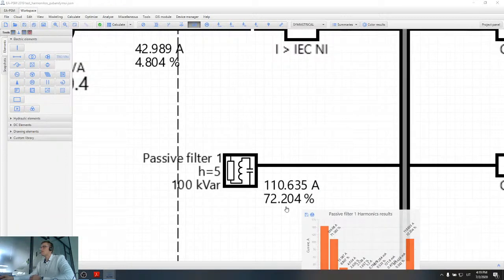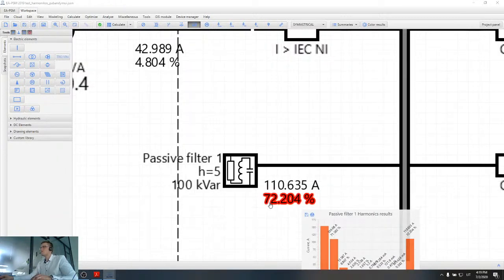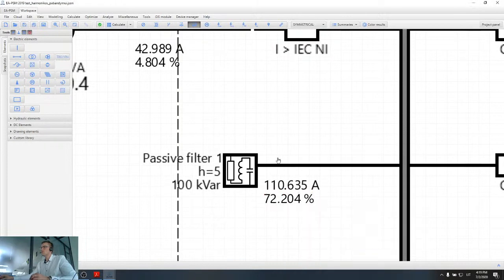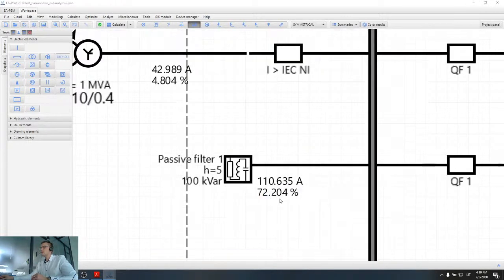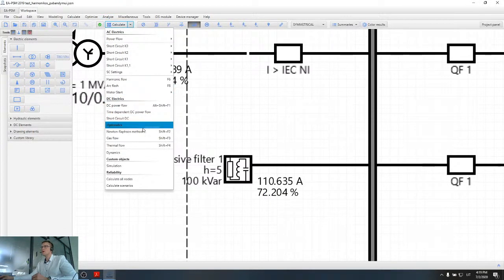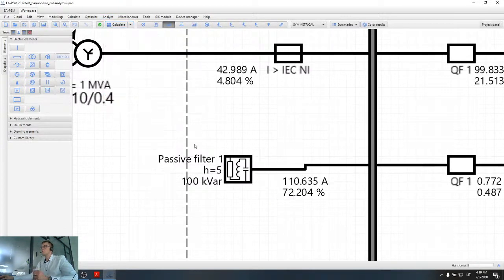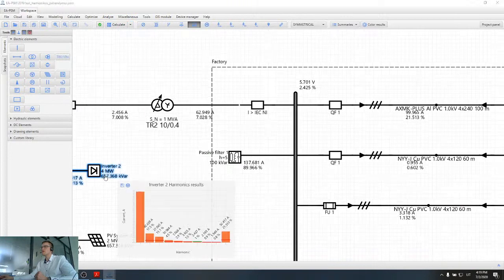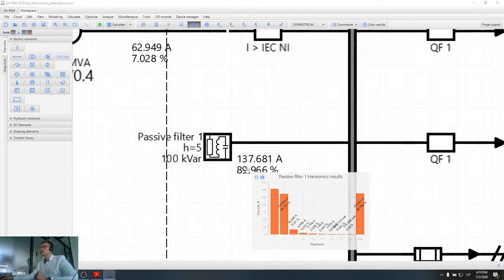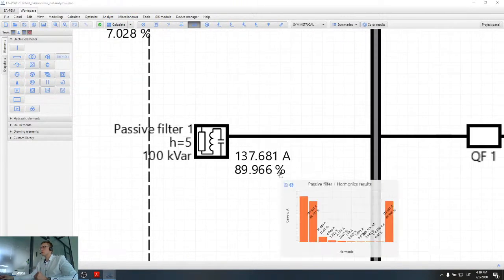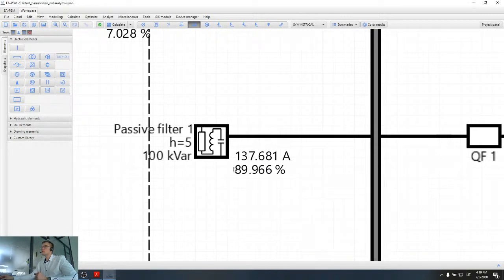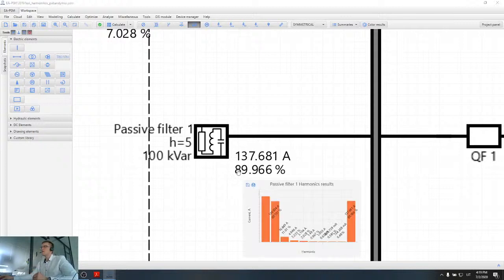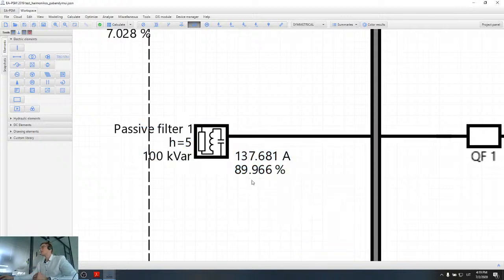So now we have 72.2% harmonic current flowing through this filter, which is a very high harmonic content. However, if someone in the distribution network increases the load, we can see that harmonic distortion will reach even 90%.